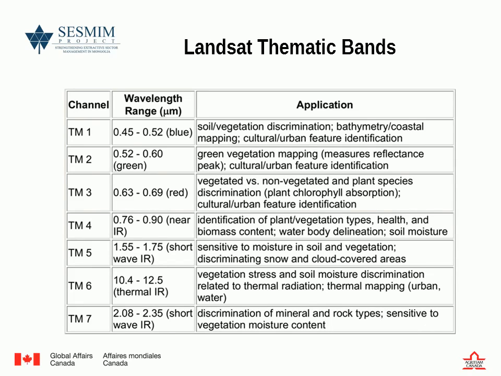So blue, green, red, near infrared, shortwave infrared, and thermal infrared. In terms of what you use it for based on refraction, the blue is good to classify soil and vegetation, bathymetry, coastal, water, and then green is for vegetation mapping. So you see it measures the reflectance from the plants.